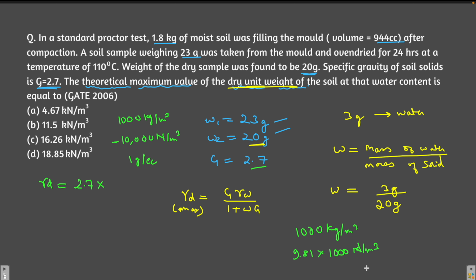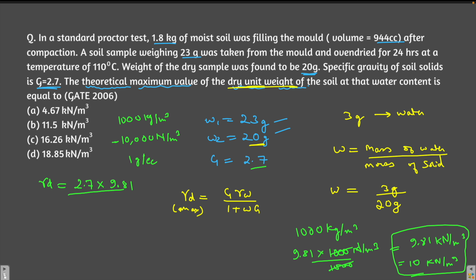Now, if you want to convert this into kilonewton per meter cube, you will just divide it by 1000. So you will get the unit weight of water as 9.81 kilonewton per meter cube. Sometimes you take 9.81 or sometimes you take 10, whichever is convenient. Here I'll be taking the unit weight of water as 9.81, because it is asked in kilonewton per meter cube.